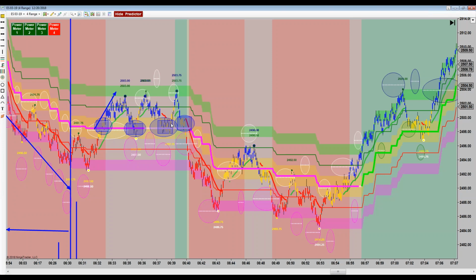Could you have let these boxes go either way? Yes. In the case of box 1, 2, and 3, you would have gotten 3 long trades. In the case of box number 4, you would have gotten a short trade.